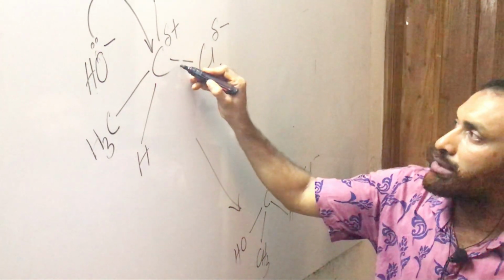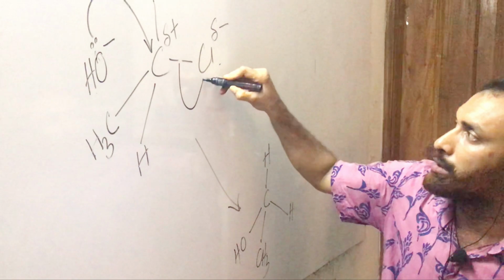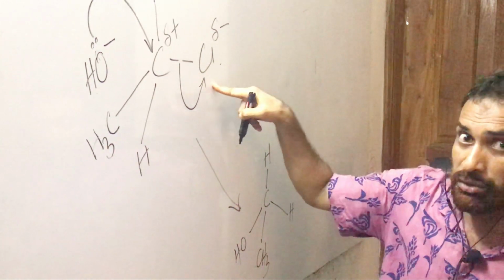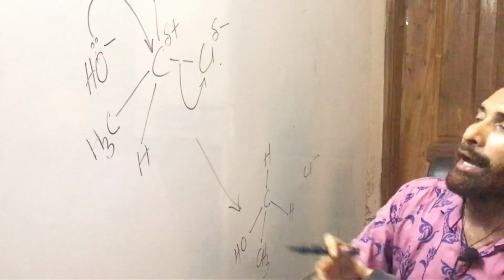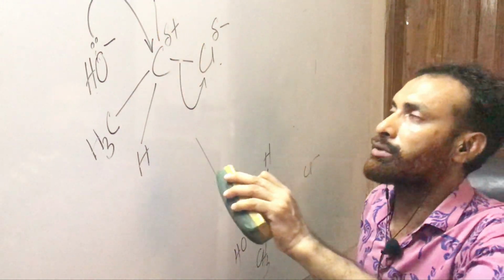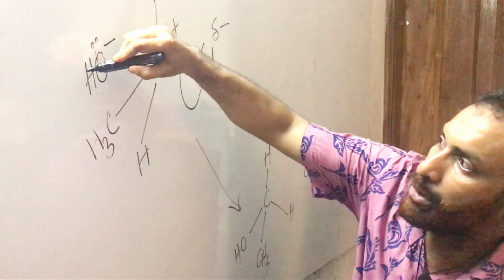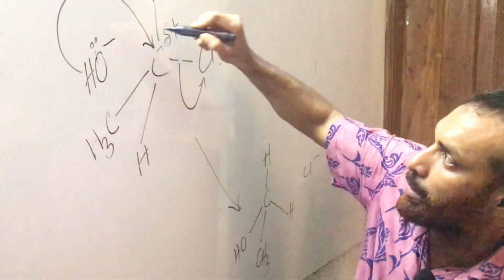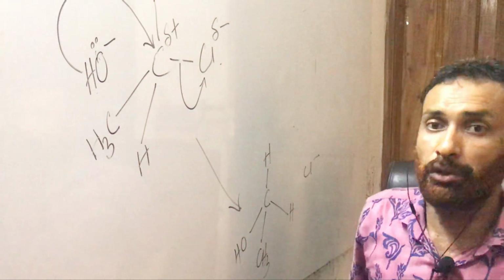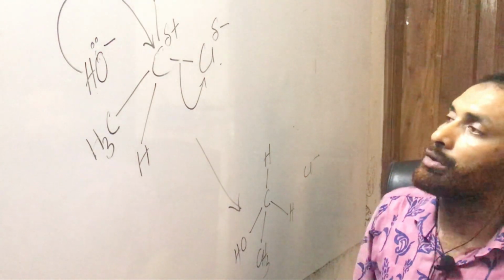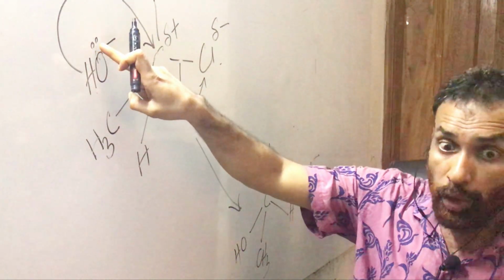So the right thing is to start at the middle of the bond and go towards the atom, towards the atom. This is right. And similarly here, this arrow is also important. If you show that OH is going to make a bond with carbon, this is wrong. This is not right, because it's not OH, it's a lone pair of electrons.